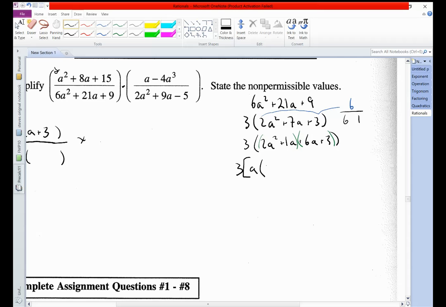And I'm left with 2a plus 1. And in the second brackets, I can pull out a positive 3. And I'm left with 2a plus 1. Which means I'm on the right track, because now I can say this is 3 multiplied by 2a plus 1 multiplied by a plus 3.